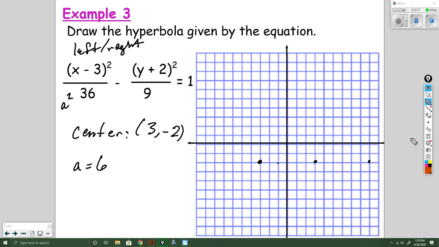Now b is going to let us know from there how many units we go up and down. So we're going to go 3 units up and 3 units down, and that's going to be how we form our box. Oh, my tablet's a little off in its orientation. Now let's connect those opposite corners here.